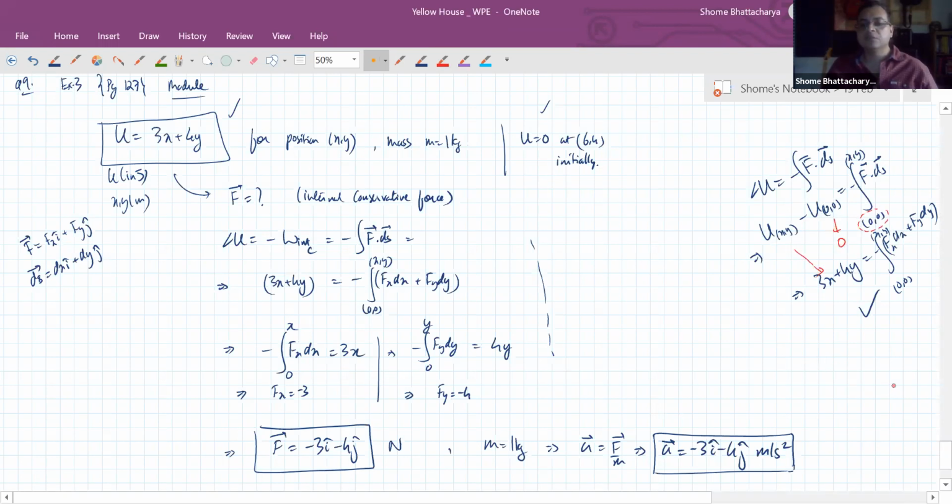But if we had taken the initial point as (6, 4), then when we solve for this part, we would have had potential energy at (x, y) minus potential energy at (6, 4), and this would not have been 0. This would have been 6 times 3 is 18 plus 4 times 4 is 16, so this would have been 34 joules. So we would have had U(x, y) minus 34 equal to this integration. This would have been a little bit lengthy to solve. It would have given us the same result for force, but it would have been a bit lengthier.